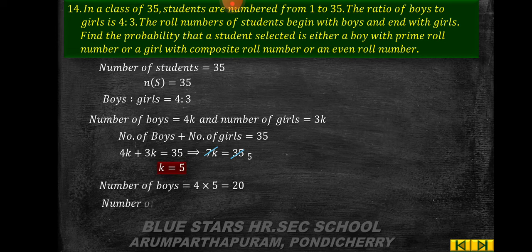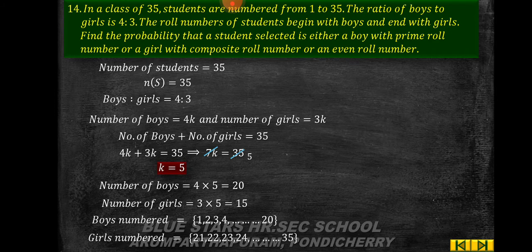Next, the number of boys is equal to 4 into 5, which is 20, and the number of girls is 3 into 5, which is equal to 15. Now we have found the number of boys, the number of girls and the total number of students in the class. So boys are numbered 1, 2, 3, 4 etc. up to 20 and girls are numbered 21 to 35.